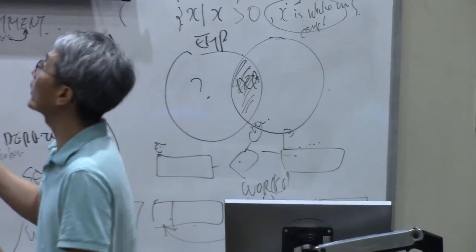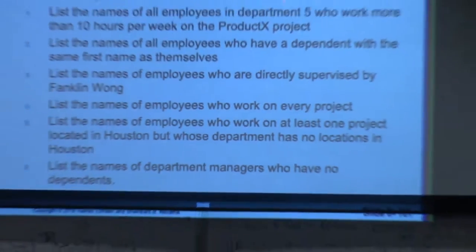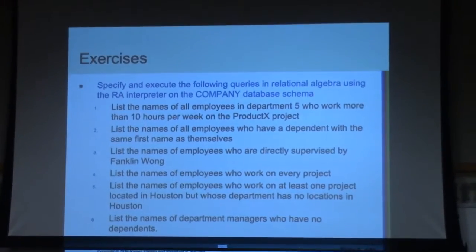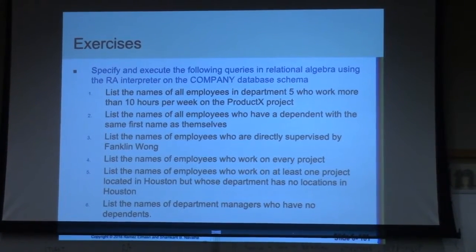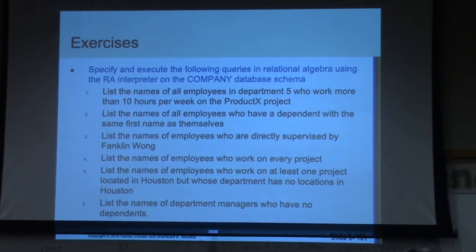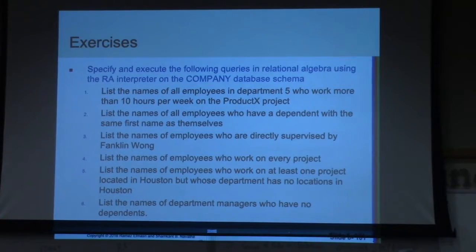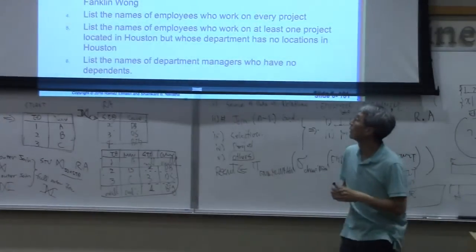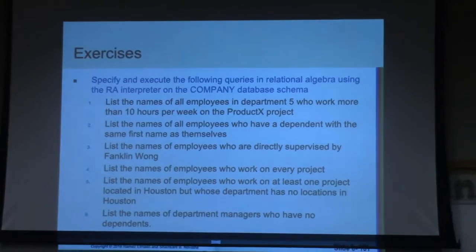And any filtering or selection conditions? DNO equals 5, and number of hours is more than 10, and project name is ProductX. 3 selection conditions and 2 join conditions. So the where clause has 5 conditions in total. Then finally, the projection.